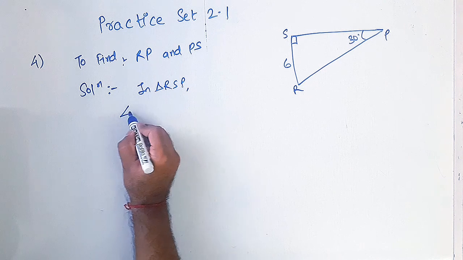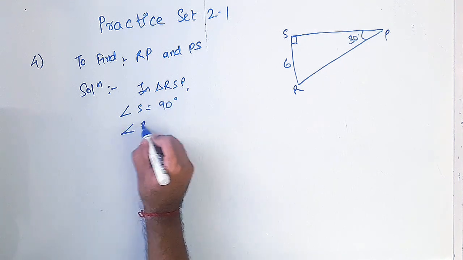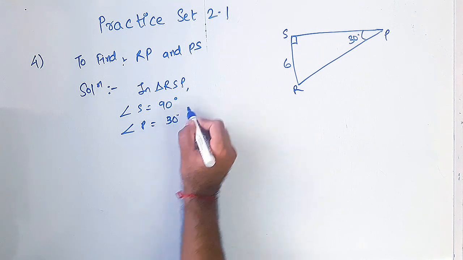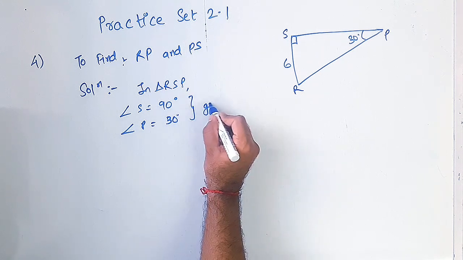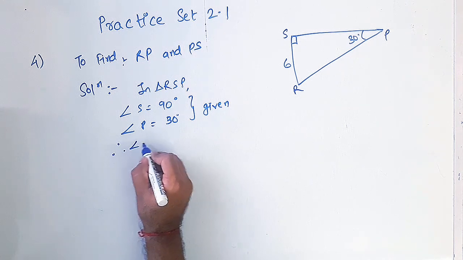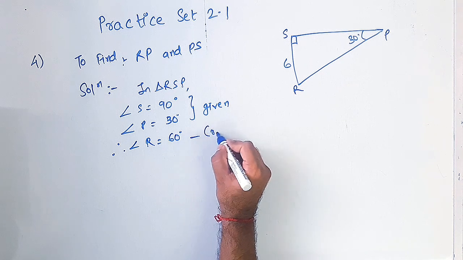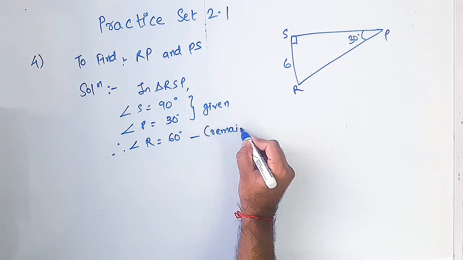In triangle RSP, angle S is equal to 90 degree and angle P equals 30 degree. This is given information. Therefore, you can write angle R is equal to 60 degree. This is called remaining angle.